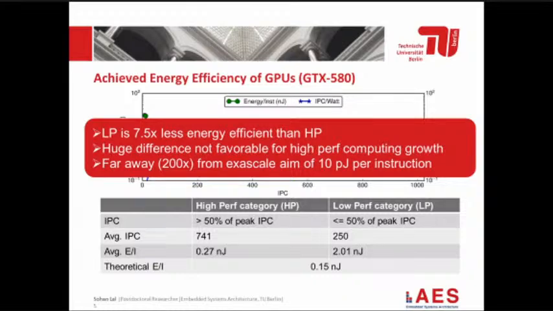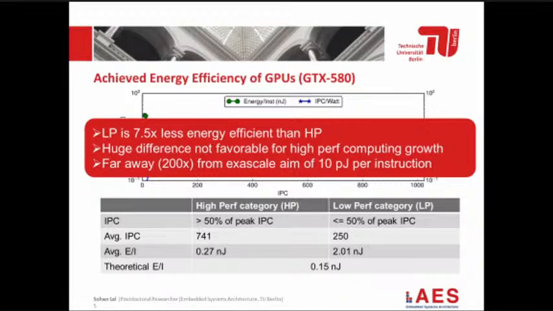We need more energy efficiency, and we are far away from the exascale aim of 10 picojoules per instruction. Basically, the exascale aim says that if we want to achieve exascale computing at an affordable power budget, then each instruction should not consume more than 10 picojoules. But to reach there, we have a gap of 200x. So we are very far away from that.